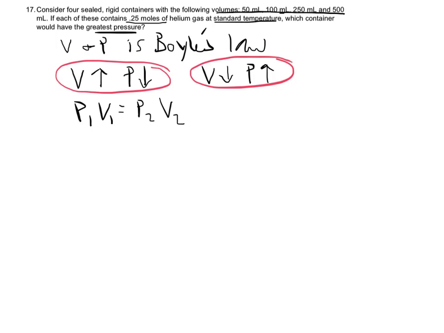When we go from 50 milliliters up to 500 milliliters, our pressure is going to go down because our volume is going up. So the answer to this question, very simply, is that the volume of 50 milliliters will have the greatest pressure because it has the smallest volume.